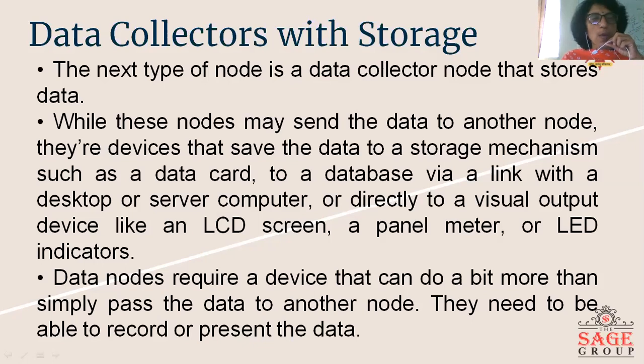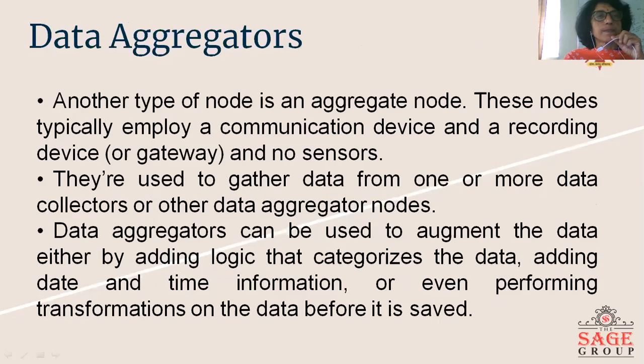Data nodes require a device that can do a bit more than simply pass the data to another node. They need to be able to record or present the data.